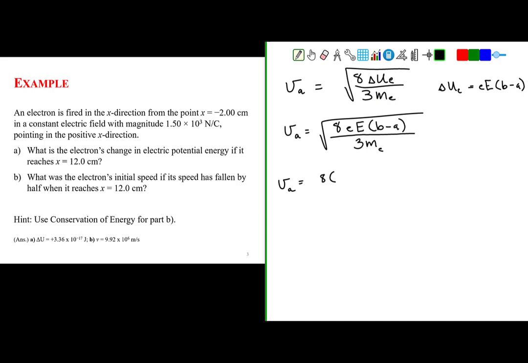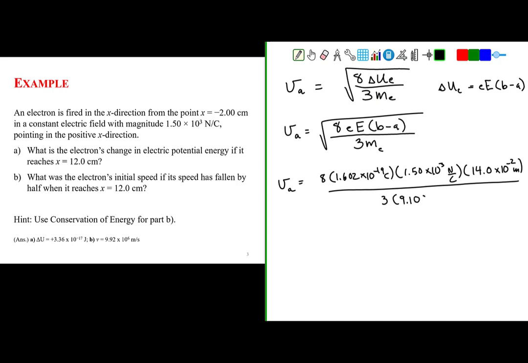We have 8 times the magnitude of the charge on an electron times the magnitude of our electric field times the displacement, which we have seen is 14 centimeters, divided by 3 times the mass of an electron, and the mass of an electron is 9.109 times 10 to the minus 31 kilograms.